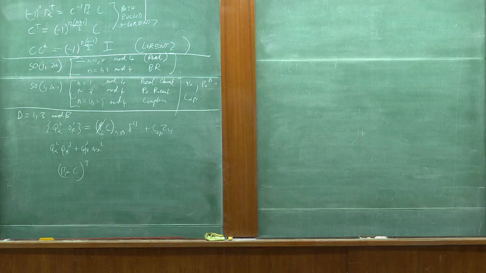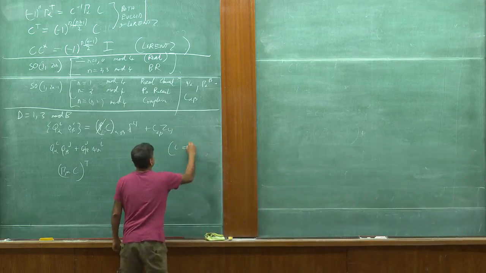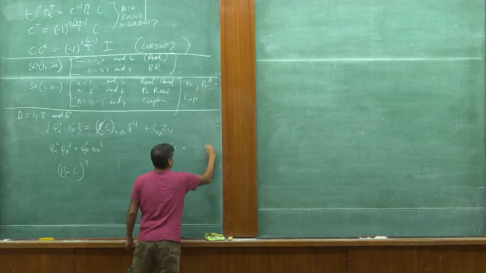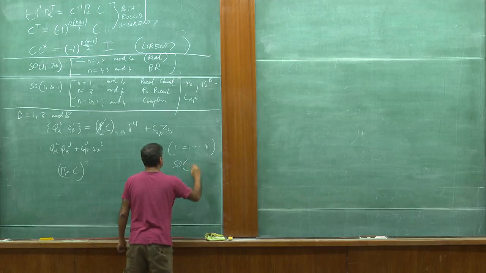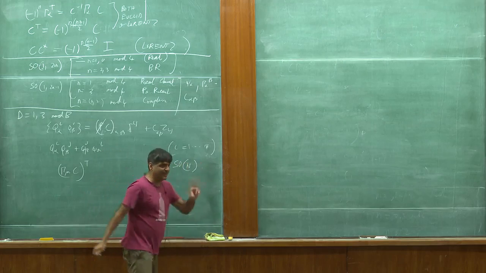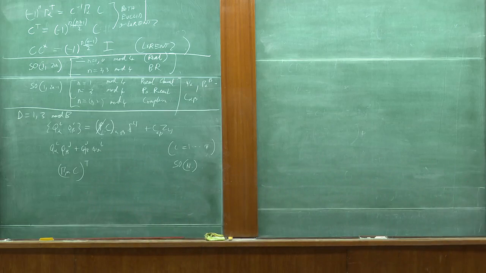Let's suppose that I is equal to 1 to, let's say, n. There's some number of i's. There will be an associated, in this case, SO(n) symmetry group. The scale of Q is also up to us.